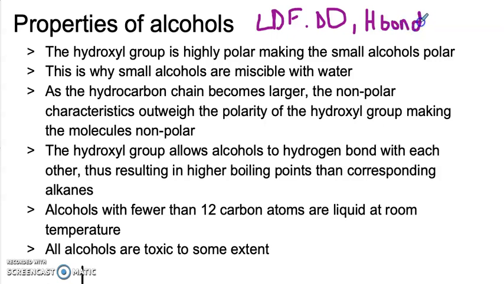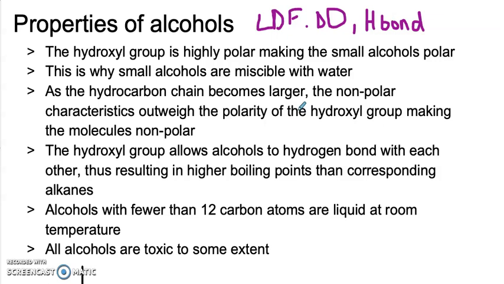That means we're going to see some different trends for alcohols than we did for the others. So because we have that hydroxyl group, we're going to find that small alcohols are going to be polar. That means they are going to be soluble in water. As your chain becomes bigger though, that alcohol only affects a little bit of the molecule, and the non-polar property of the rest of the thing is actually going to make it non-polar, okay?